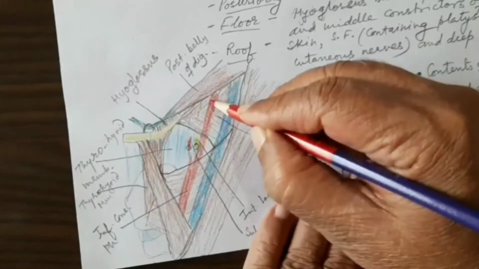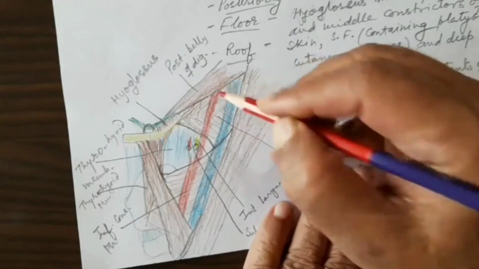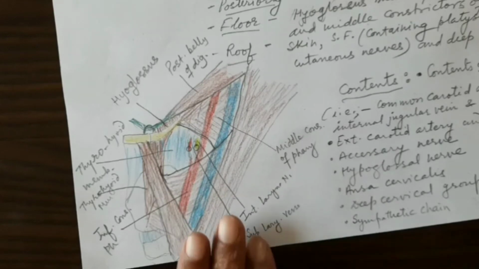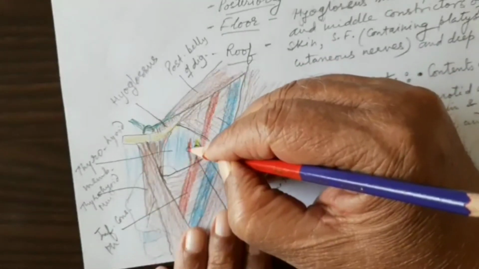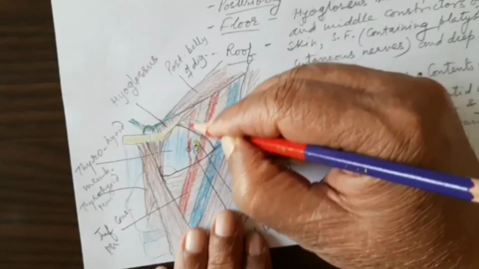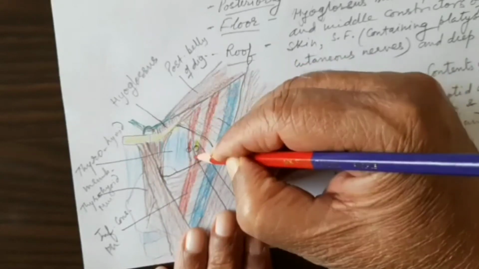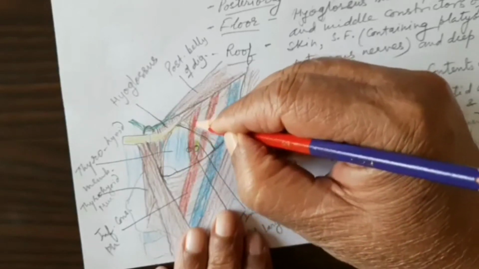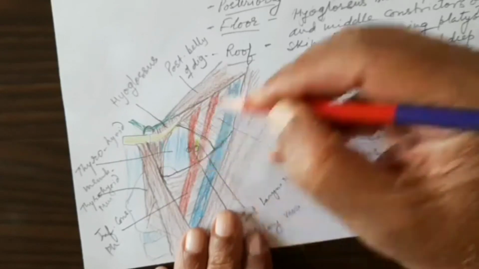That means it will disappear deep to this posterior belly of the digastric. So this is the internal carotid artery. But then from its anterior aspect will come out an artery, and this is the terminal branch of the common carotid artery, which is called the external carotid.